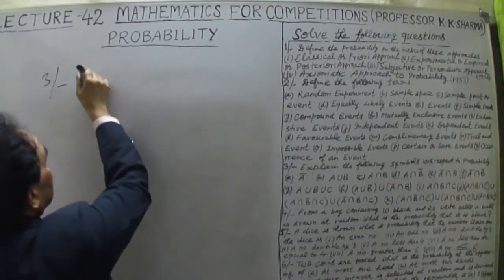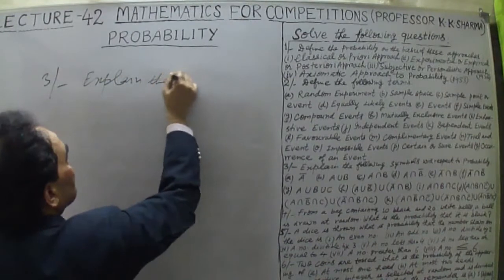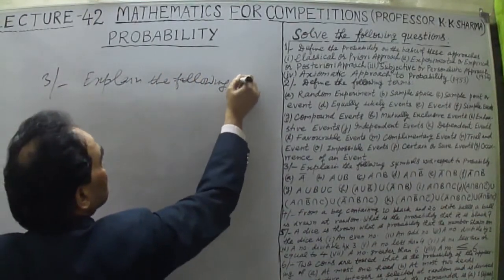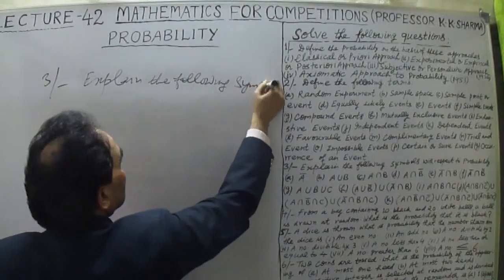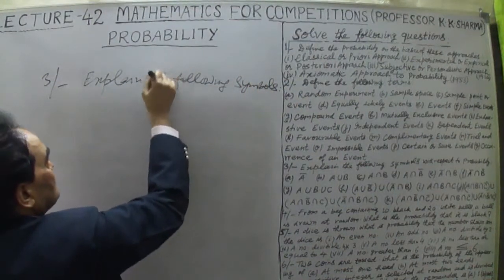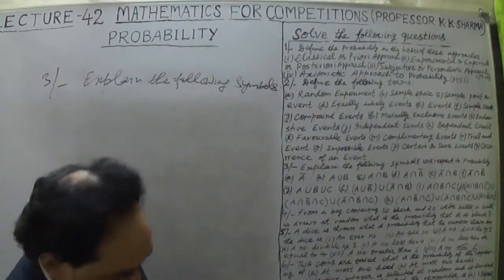It says explain the following symbols. Again, there are parts of this question.